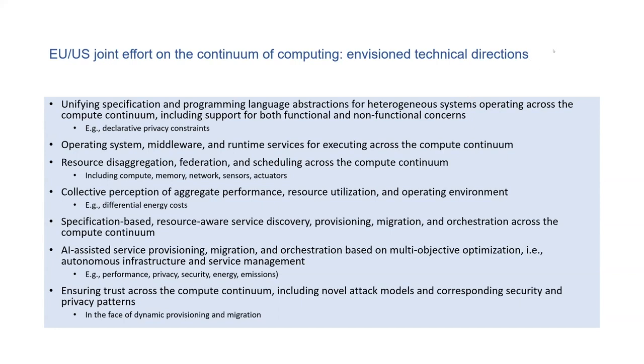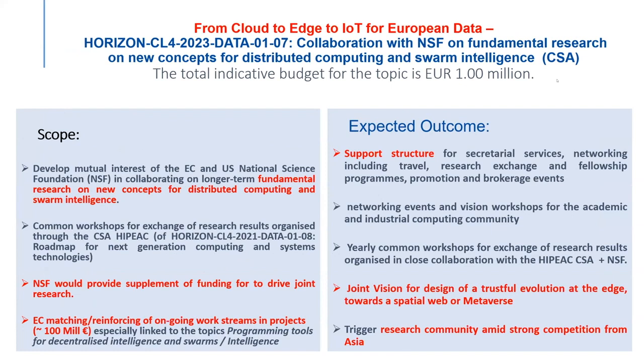Next slide. What we are looking for under this topic is to develop the cooperation between the EC and the US National Science Foundation on long-term fundamental research on new concepts for distributed computing and swarm intelligence. There will be some interaction with the HiPeak project and common workshops for exchange of research results.